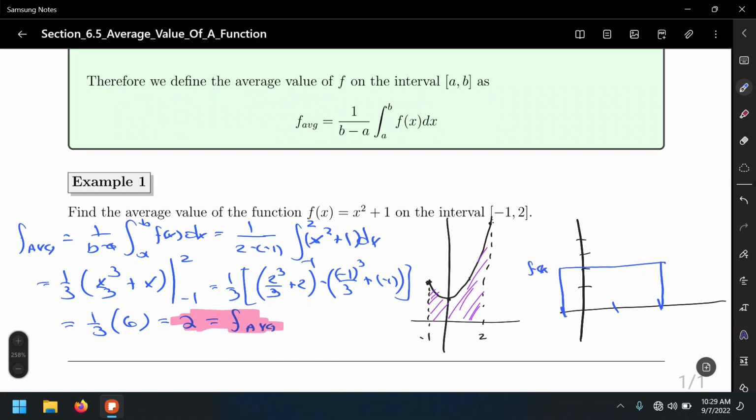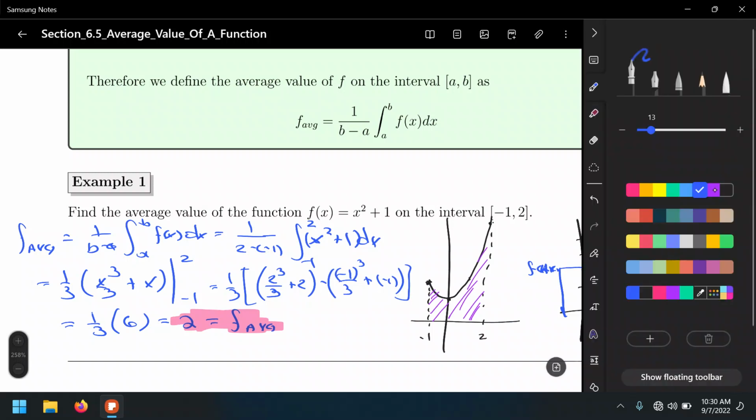That f average is the value of y, the height of the rectangle, that gives the same area as the area under the curve.